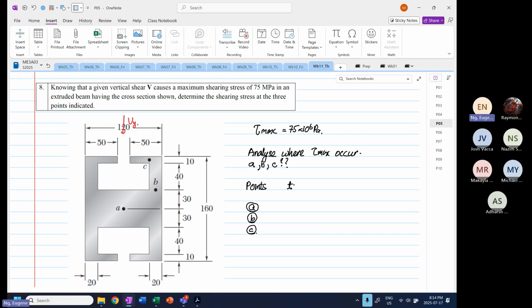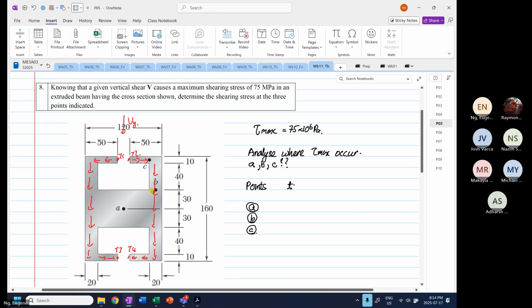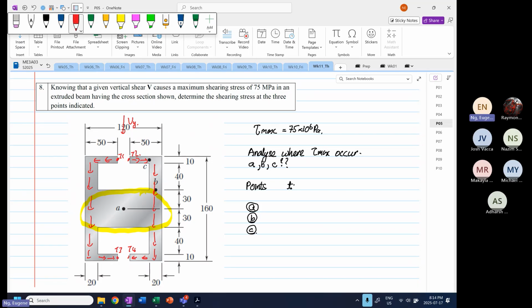Let me elaborate. So you design the shear flow. We have terminals T1, T2, T3, T4. Now, at the center part over here, the shear flow will flow down this way.